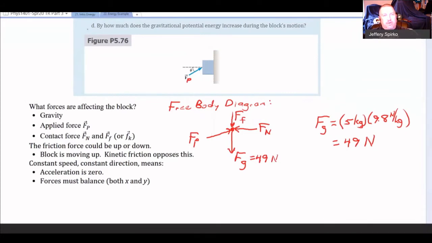I need to add one more thing to this diagram. Actually, I want to make that a dash line. We're going to go dash, dash, dash, dash. 30 degrees.